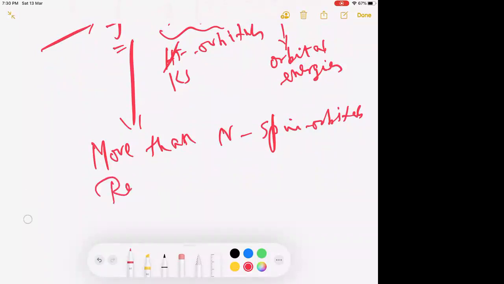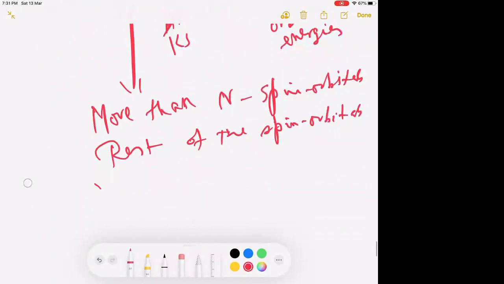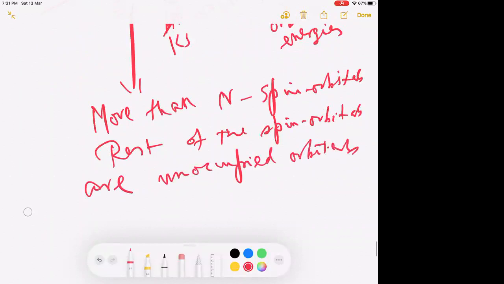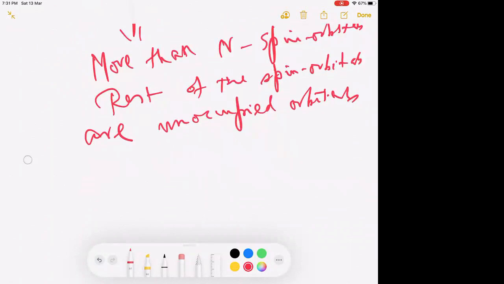So the rest of the spin orbitals are what are called the virtual or unoccupied orbitals. And the lowest of them is very important. It is called the LUMO. The highest of the n spin orbitals is called HOMO. The lowest of the unoccupied orbitals is called LUMO.